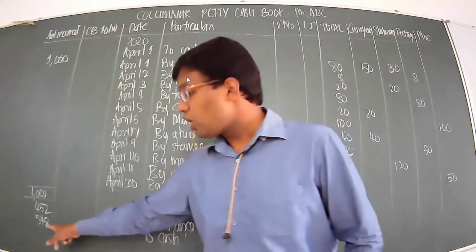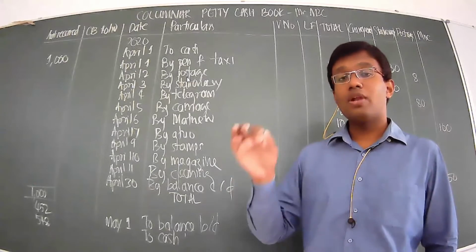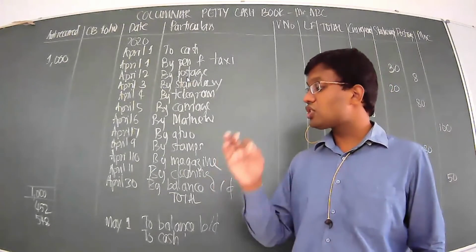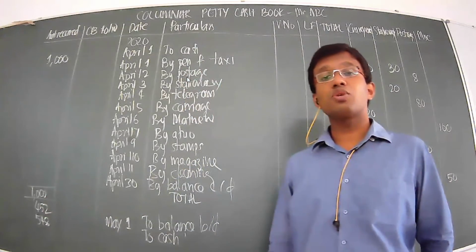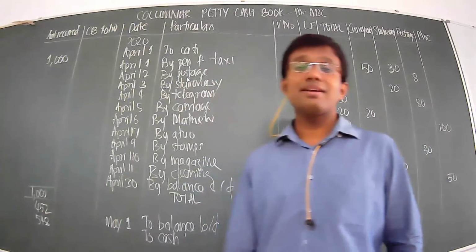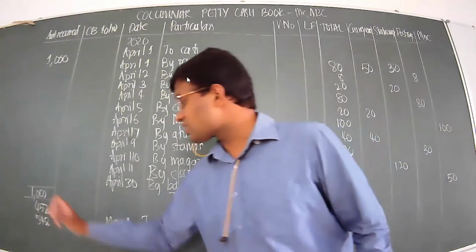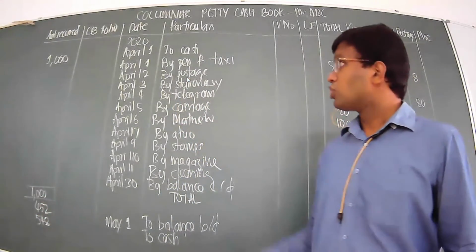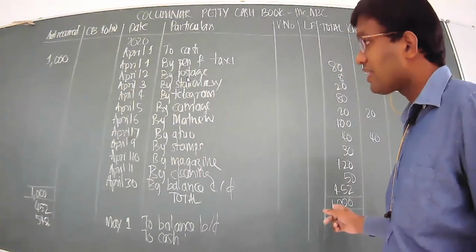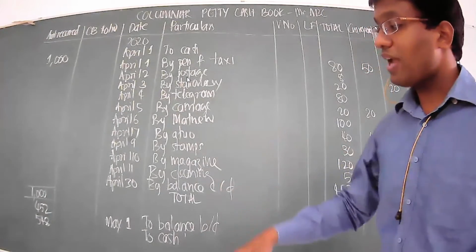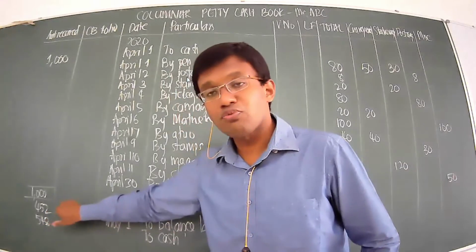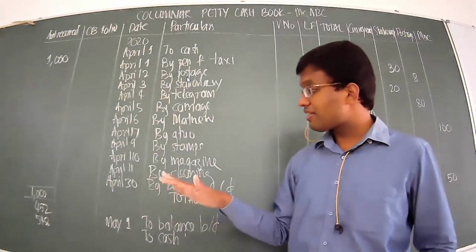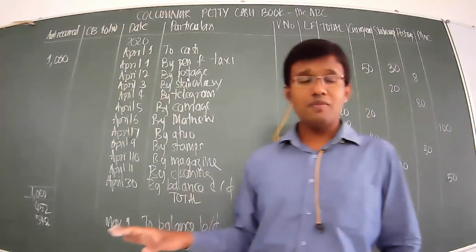My previous month's expenses was 548, and he has reimbursed that for me. So for 548 plus 452, the total will be 1000.